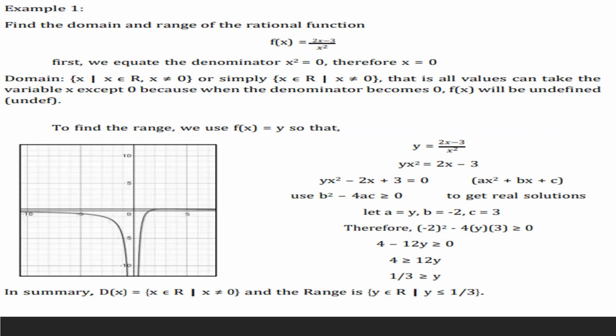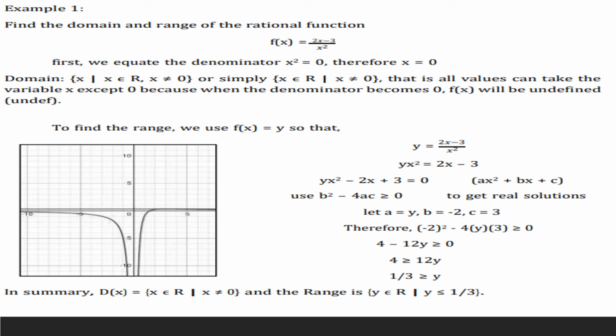Okay? Now, example 1, find the domain and range of the rational function f of x equals 2x minus 3 all over x squared. First, we equate the denominator, x squared is equal to 0, therefore, x equals 0. So, dapat kasi bawal maging 0 ang denominator. So, that means all real numbers, so x, such that x is any element of real numbers wherein x is not equal to 0.